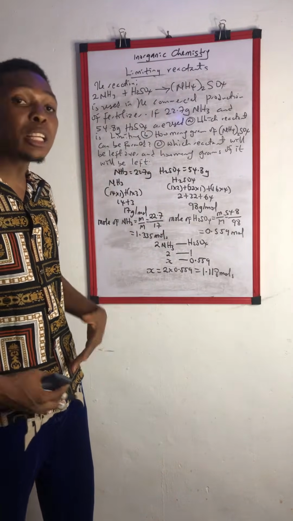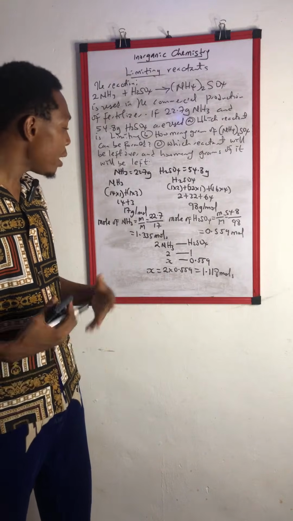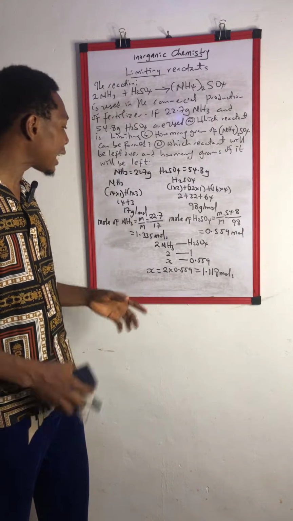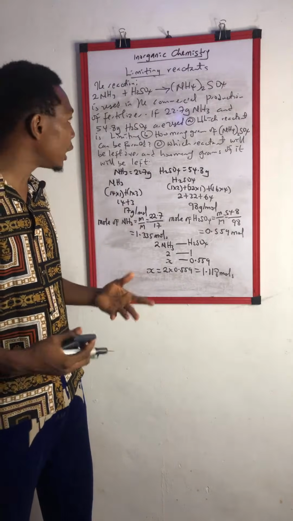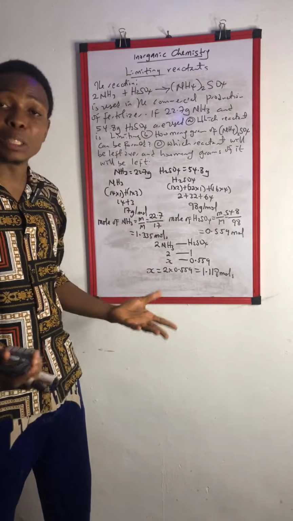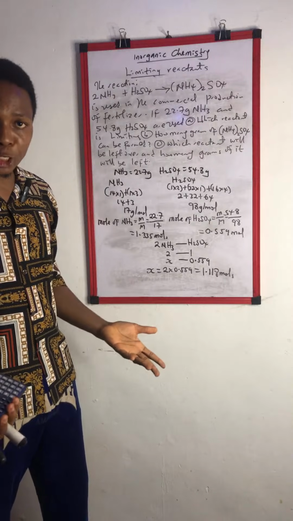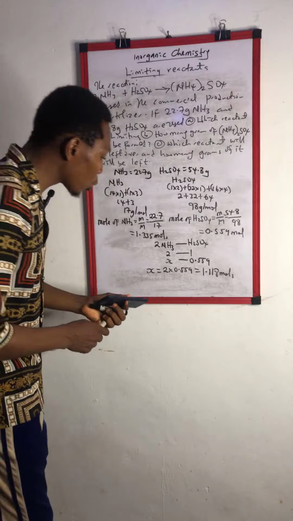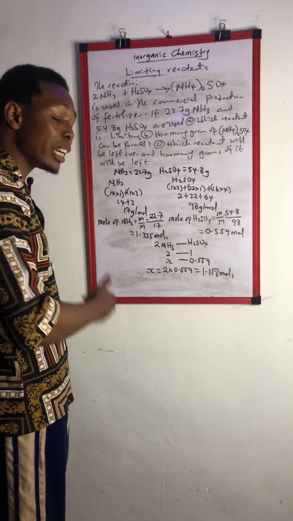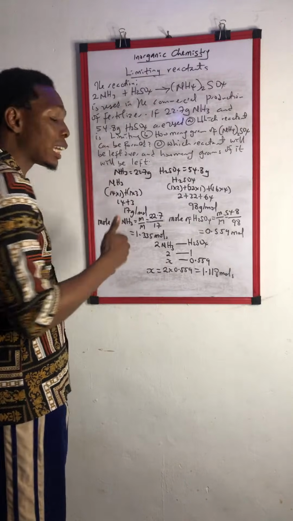If there is enough, it means excess. That means ammonia is the excess reagent, while your H2SO4 becomes the limiting reagent.